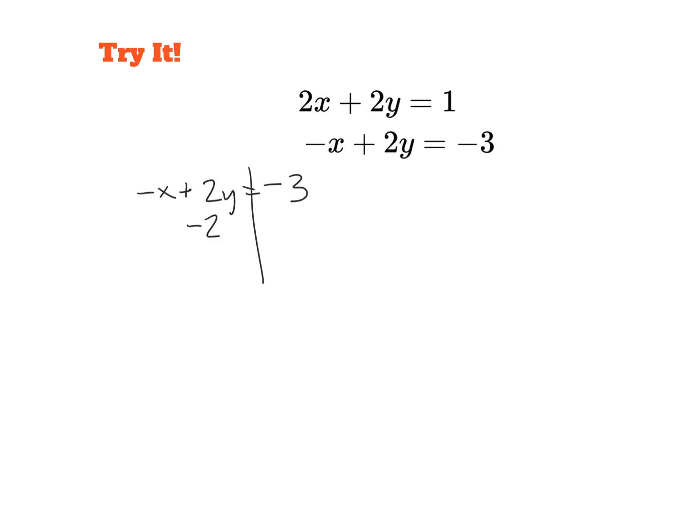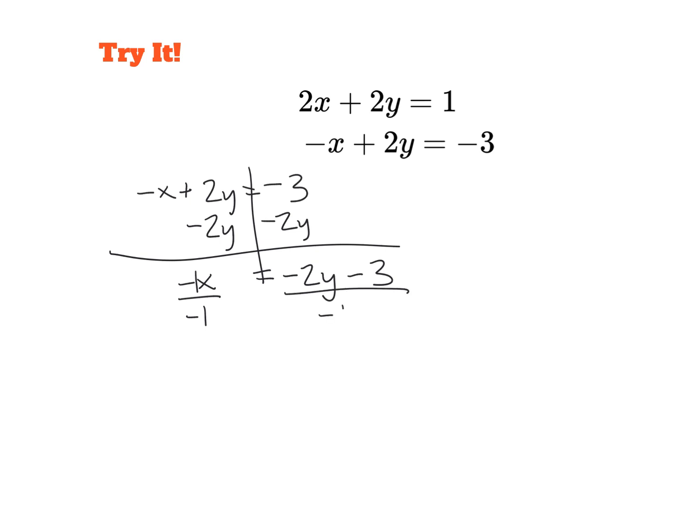Okay, I need to subtract 2y away, giving me negative x is equal to negative 2y minus 3. And then since I have this negative here, I can divide by negative 1, which really all it does is it just changes all of my signs to the opposite.